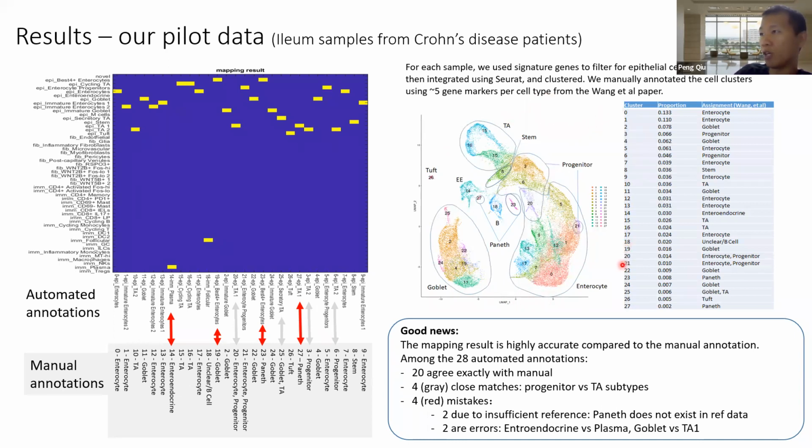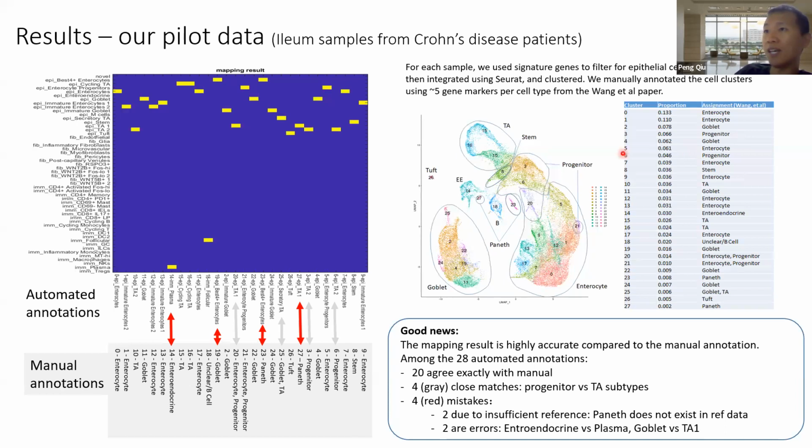It's a separate analysis of the epithelial compartment only, so all these clusters are supposed to be epithelial cells. In total there are 28 clusters, and here are the manually derived cell type annotations based on known marker genes.